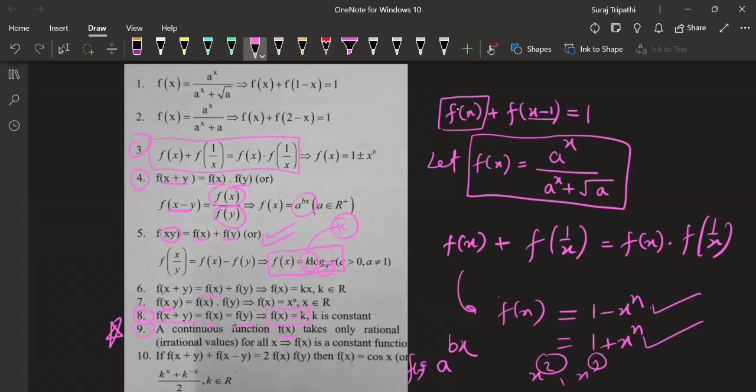Now next one, property. These properties I will be discussing in the next few chapters also, like in the chapter called complex numbers, where I will discuss some of these properties.